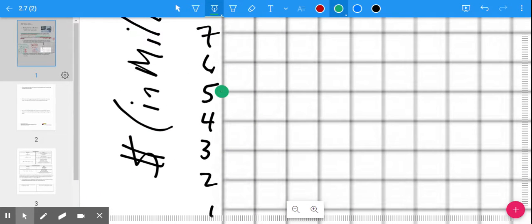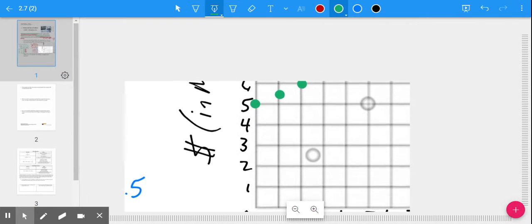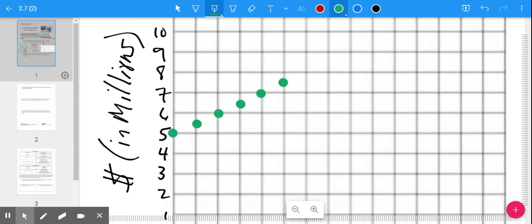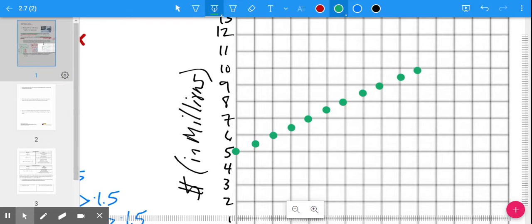So 0, 5 and a half, 6 and a half, 7 and a half, 8 and a half. And because it's linear, we can continue the same exact path all the way up our graph because the slope is a constant rate of change.